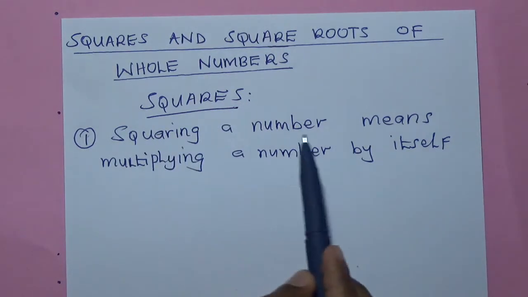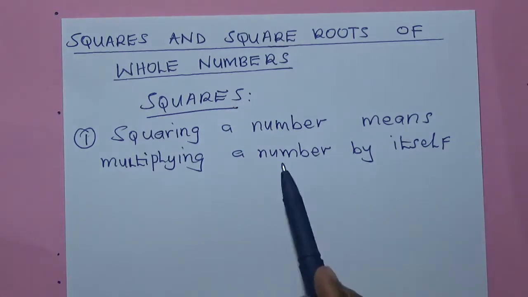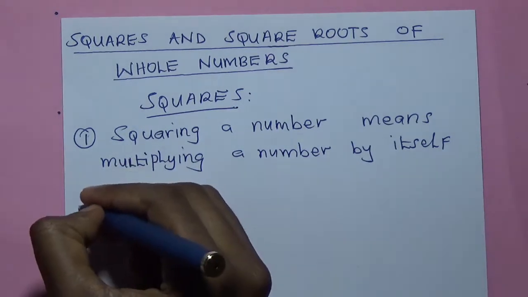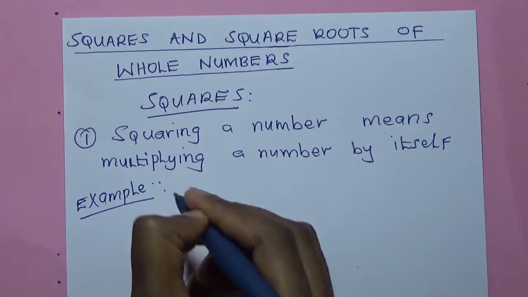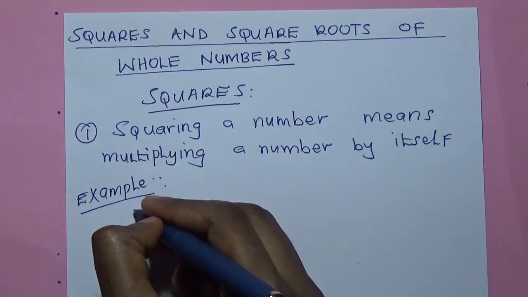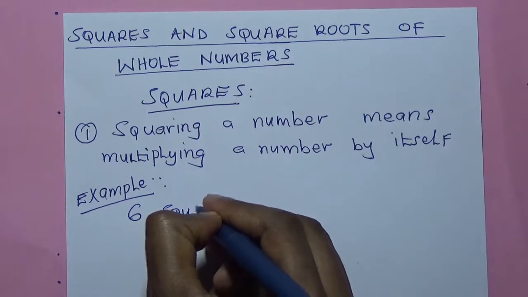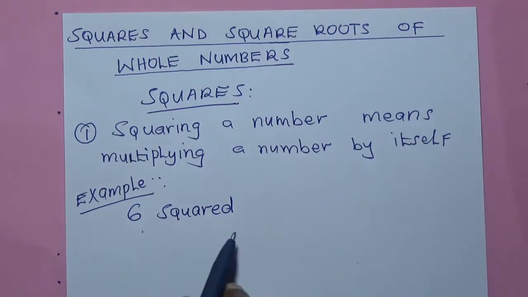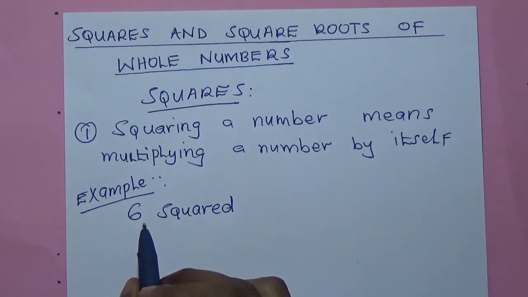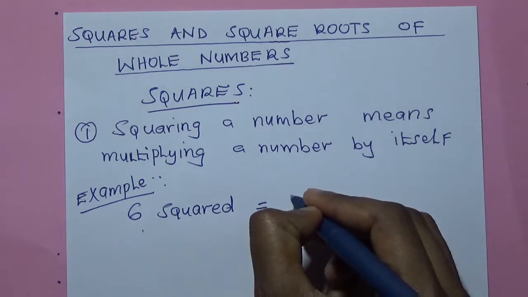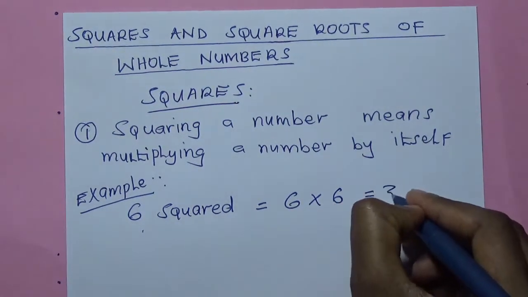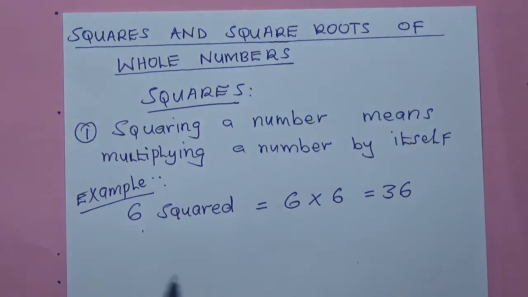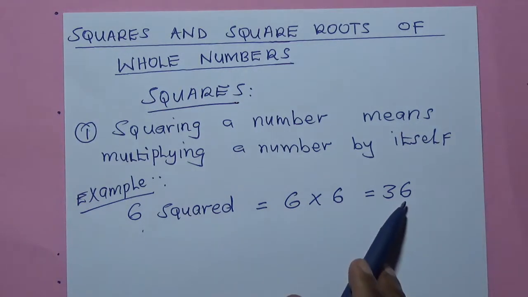It means multiplying a number by itself. For example, 6 squared means you multiply 6 by itself. So it will be 6 multiplied by 6, which will give you 36. So 6 squared means 6 multiplied by itself to give you 36.